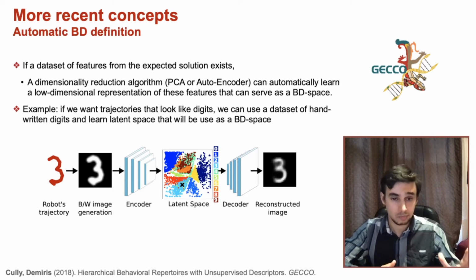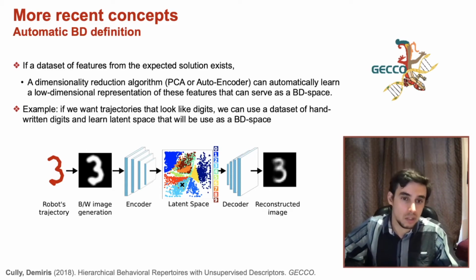It learns a latent space where all the different types of digits are grouped and clustered in different regions of the latent space. For instance, here you can see that all the ones are here, all the zeros are here, and so on. Then, after pre-training this representation, we can use our standard MAP-Elites algorithm with this representation.